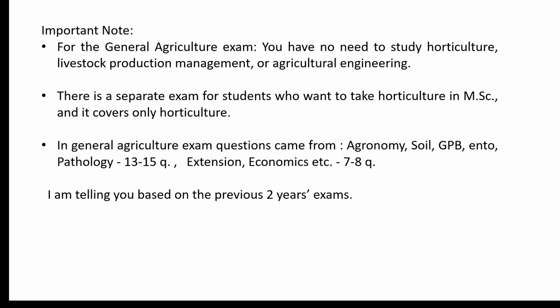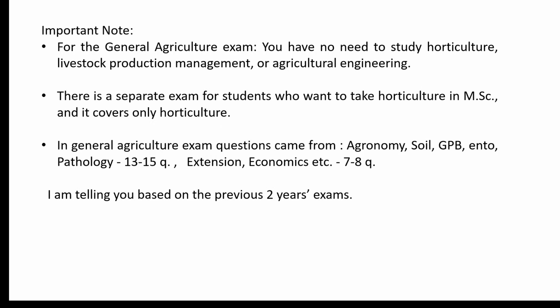In the horticulture portion there are 5-6 portions: fruits, vegetables, flowers, seed, spices, and post harvest management. There are also medicinal and aromatic plants. All these things come in the horticulture exam, or you can follow the Instant Horticulture book.